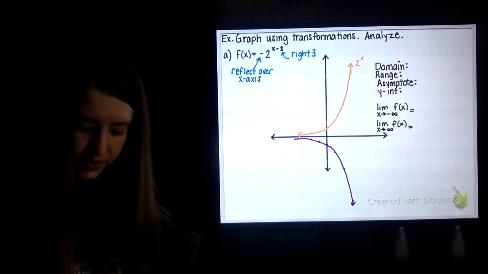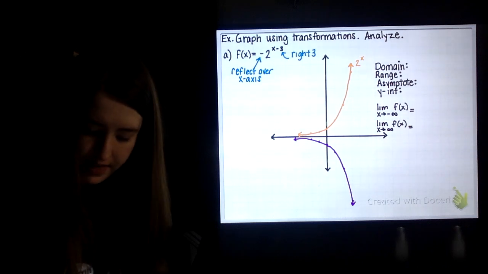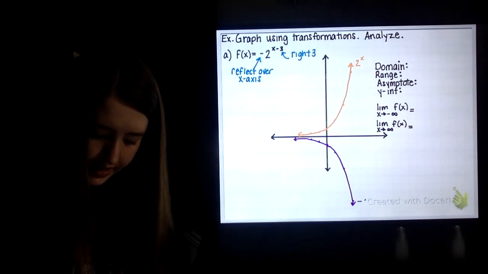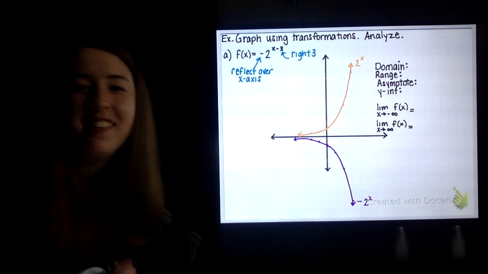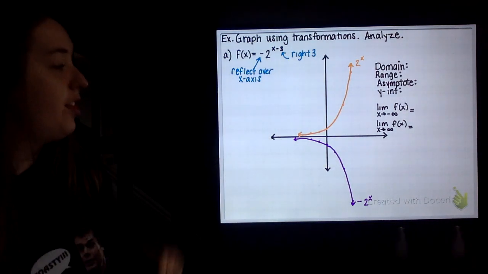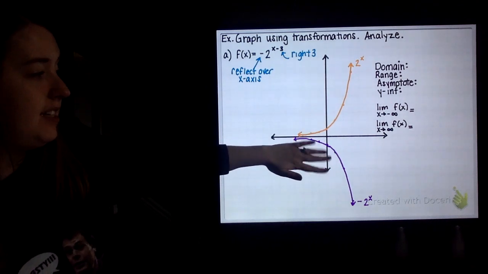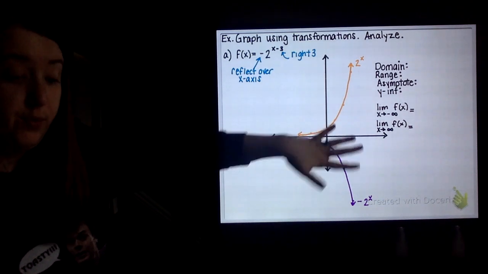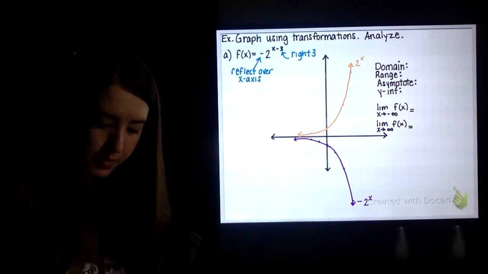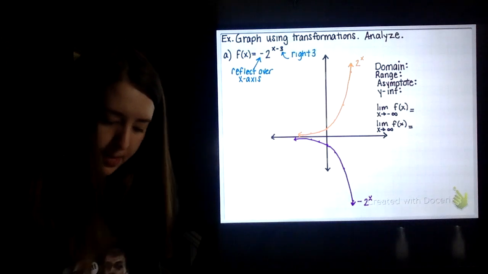There we go. Now it's reflected over the x-axis, so that means this is -2 to the x. And now to take care of that right 3, I'm going to take this guy that reflected over the x-axis and shift every point to the right 3. I like to start with my y-intercept. It helps me keep track of everything.